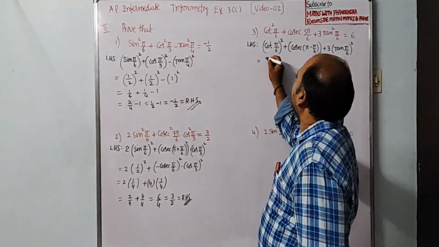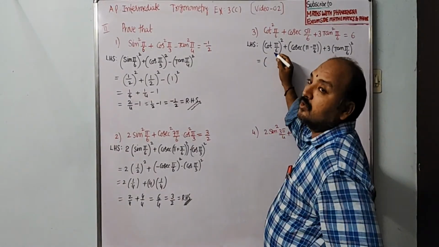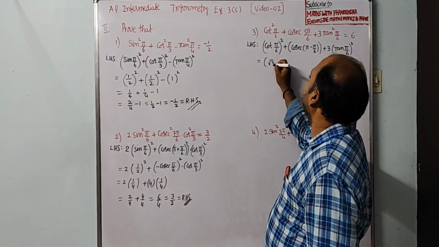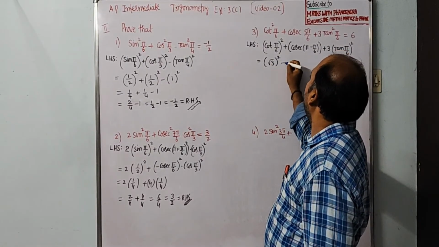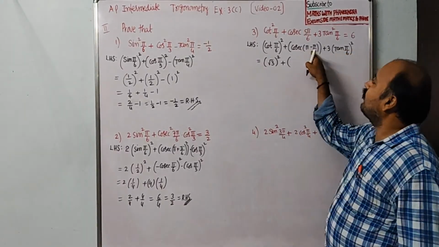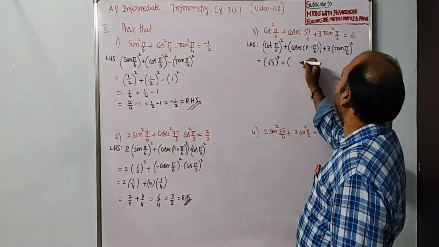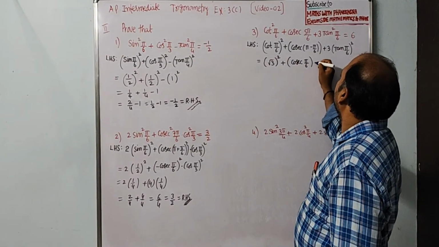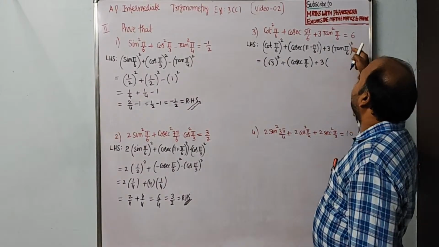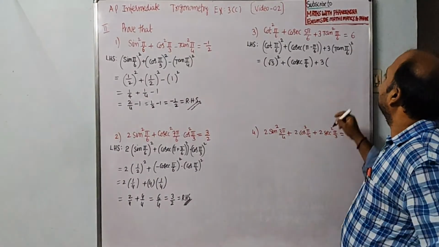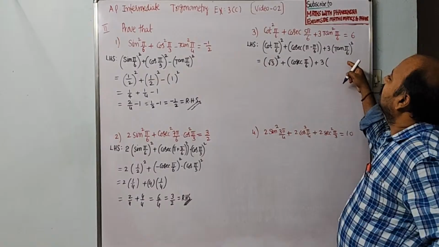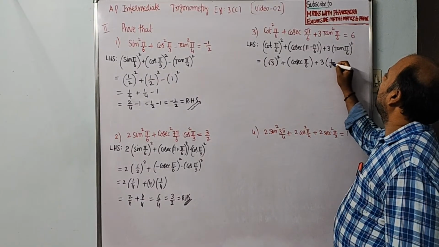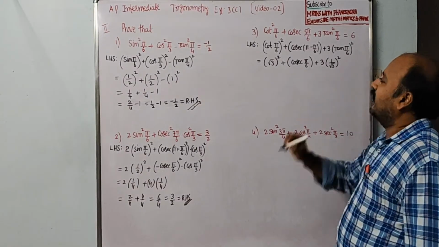So cot 30 equal to root 3 whole square plus cosecant of pi minus pi by 6, plus 3 into tan pi by 6 means tan 30. Tan 30 is 1 by root 3 whole square.